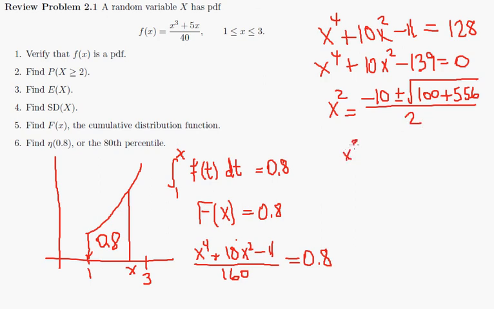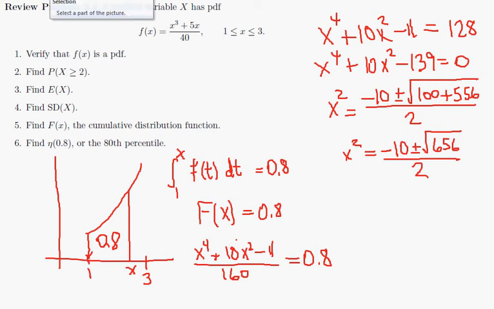So that gives x squared is equal to negative 10 plus or minus, we'll get to that in a second, square root of 656 divided by 2. Okay, now which is it, plus or minus? Well, in this case, x squared, that's clearly a positive number, or at least not negative, and so there's no way it can be minus here.